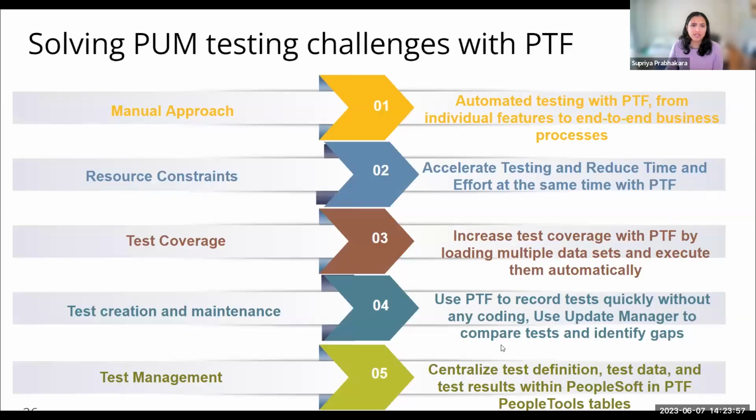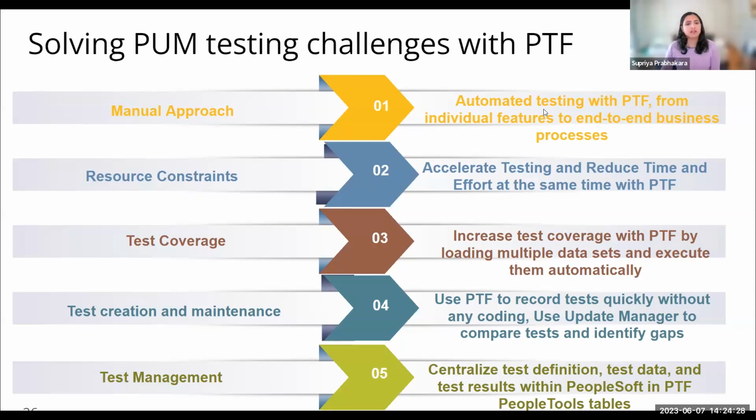So now let us see how PTF is going to address these challenges that we saw in PUM testing. The first one being testing it manually. With PTF, the testing is automated, and you can test one single feature or do an end-to-end business process testing in all of your PeopleSoft application pillars.